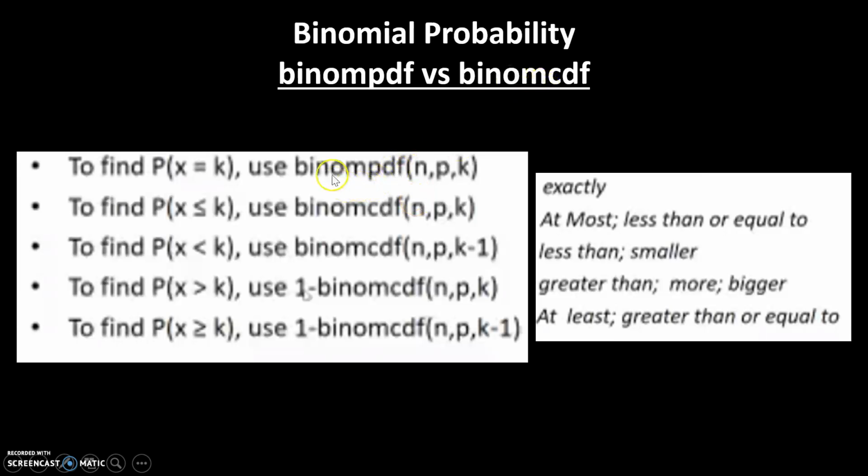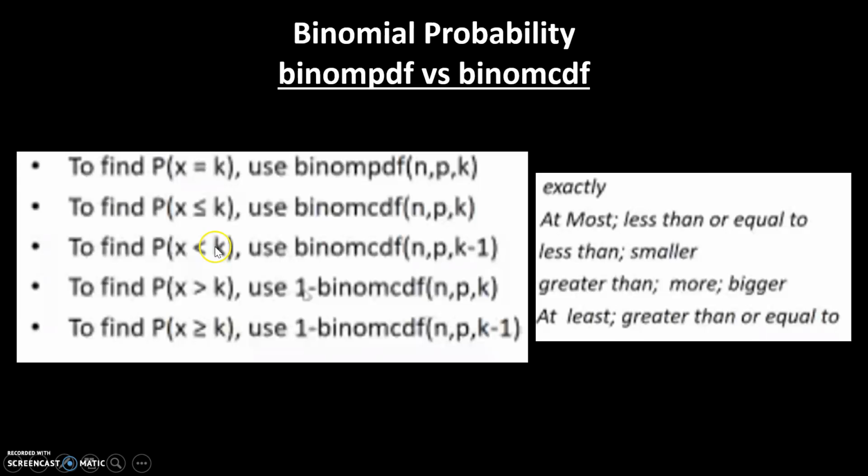You can use binom PDF when a given event is exactly equal to a number, so P of X equals K. If X is less than or equal to K, you will use binom CDF.